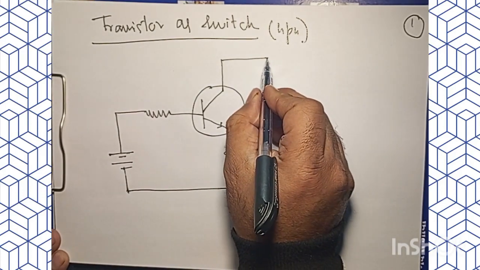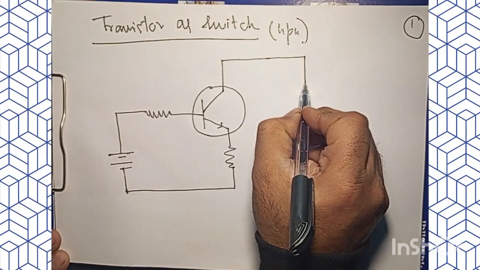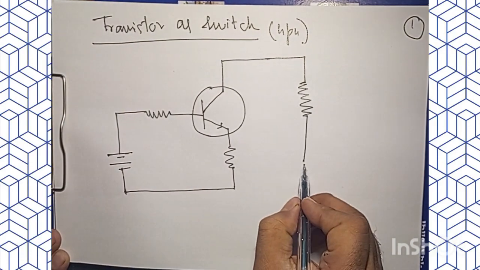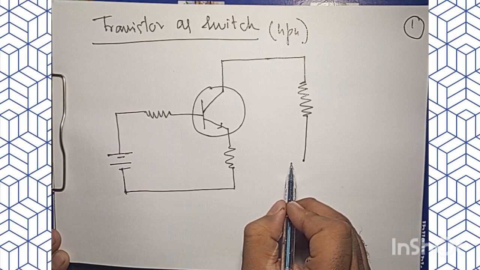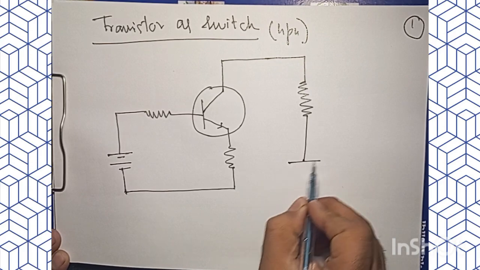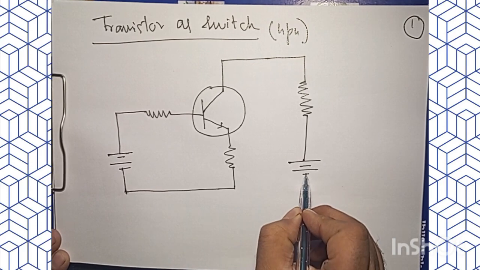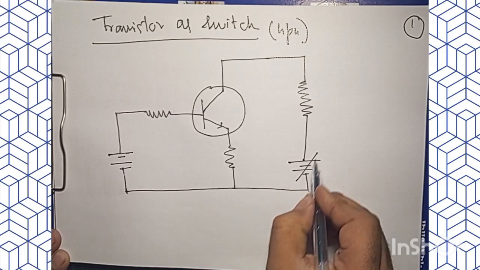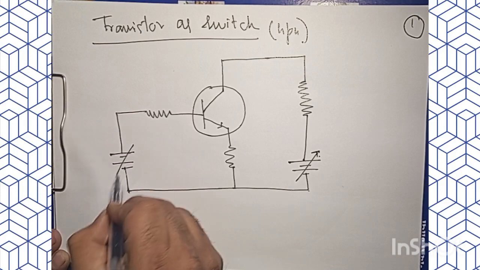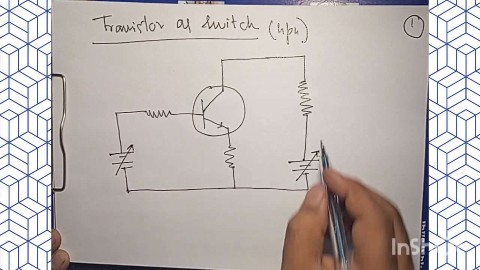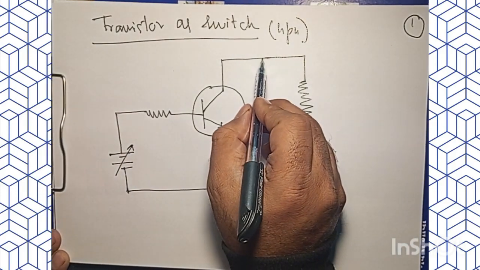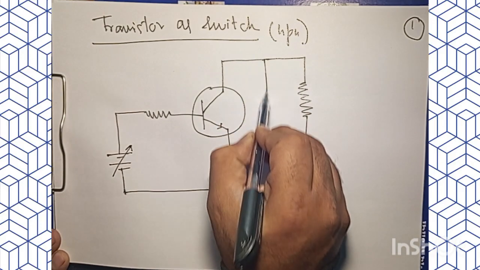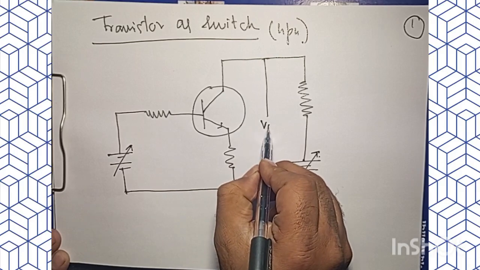Then we will have the load resistance, or we may call it the collector resistance, and we'll have the biasing for the output circuit as positive, negative, with a variable supply, and a voltmeter that will give us the measure of VCE.